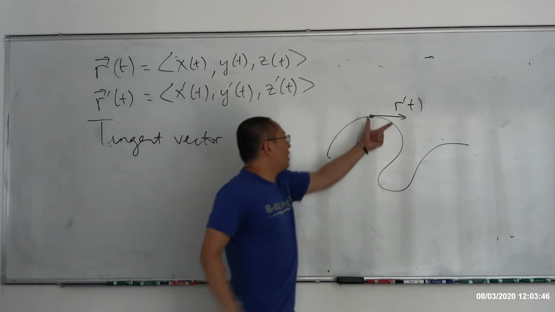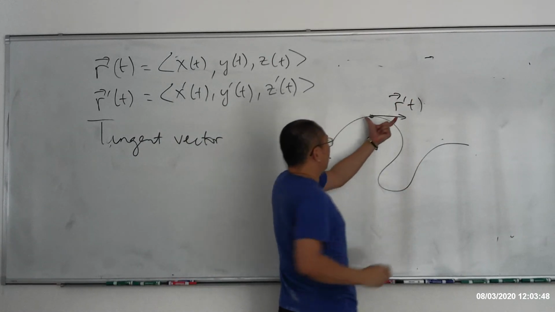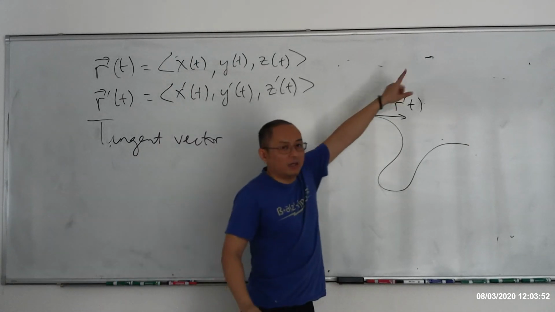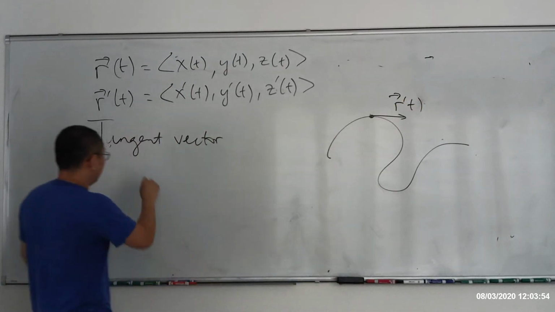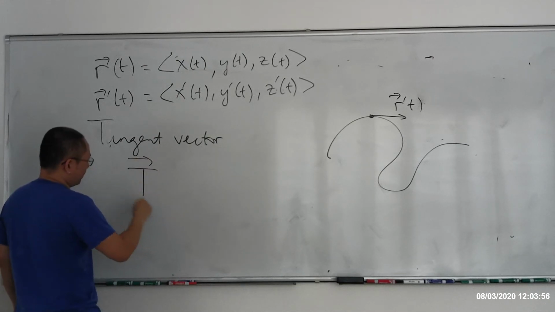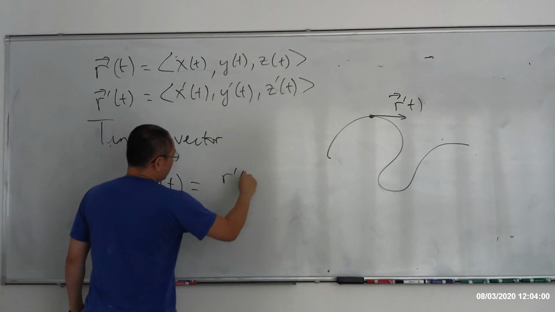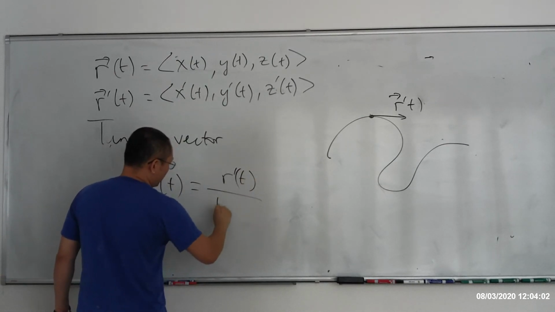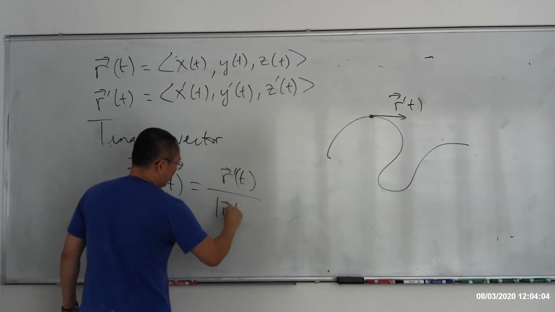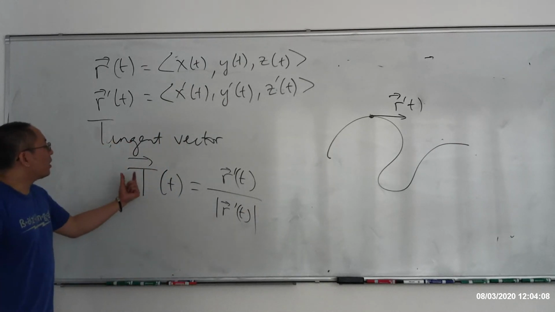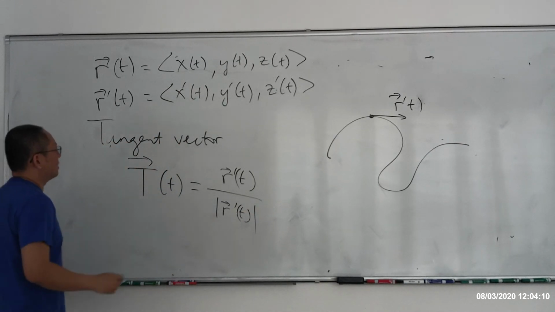And how are you going to make a unit vector from a given tangent vector? We're going to divide the vector by the magnitude of that vector. So vector T, T stands for tangent, of the variable t is equal to r prime of t over the magnitude of r prime. And this is going to give you the unit tangent vector.